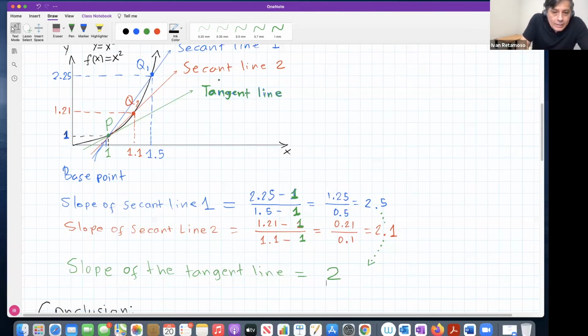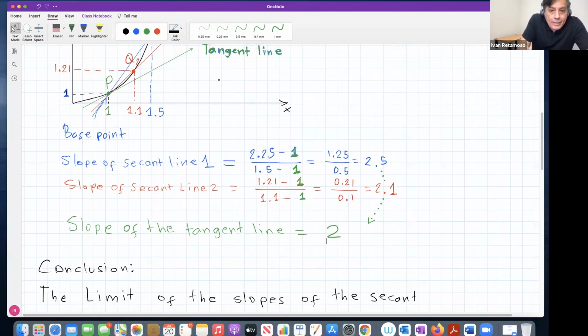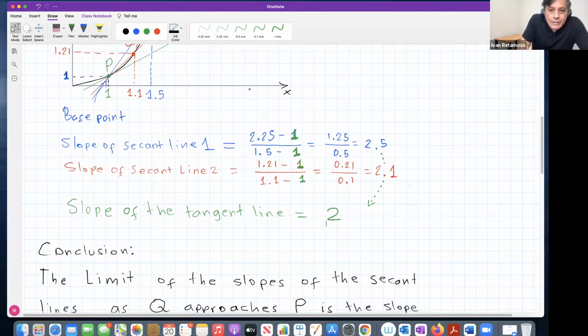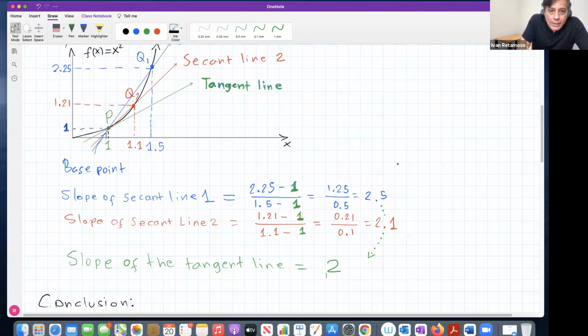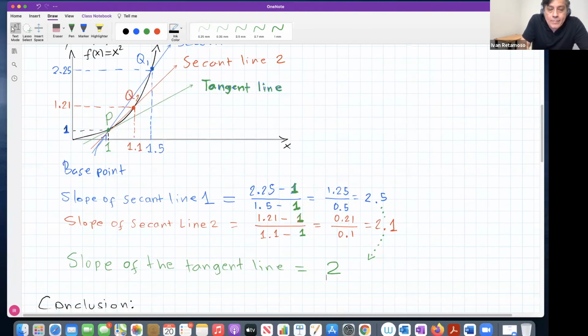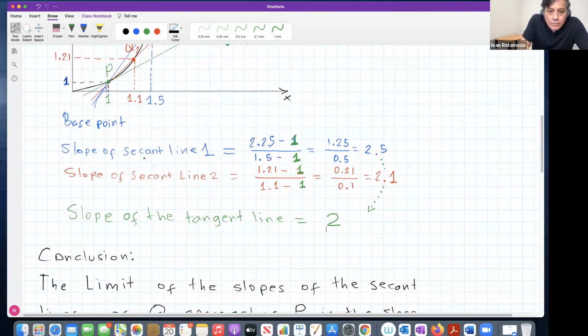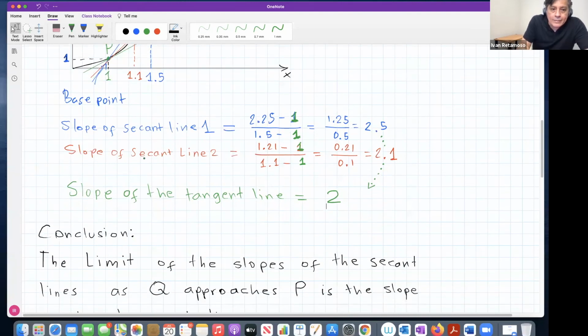So mathematicians at that moment kind of celebrated this because, okay, there is a way for a computer to be programmed to figure out the slope of these tangent lines, right? So the conclusion here is this. The limit, and this is the first time I'm using this word, limit, an important word for us in calculus.